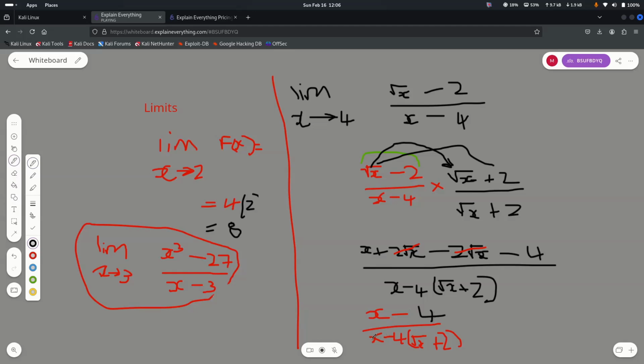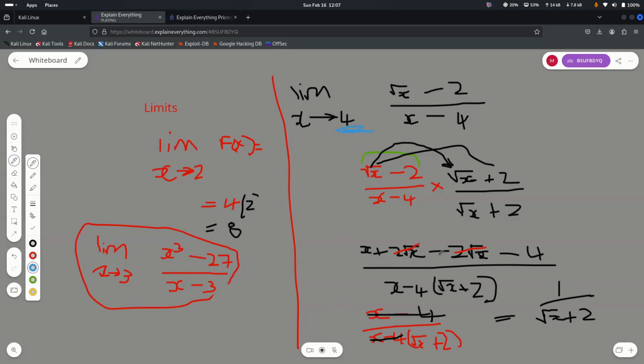So now that we have this one, we are going to cancel this out with this one now that they are similar, and our answer is going to be 1 over square root of x plus 2. So let us remember that our x is approaching what?